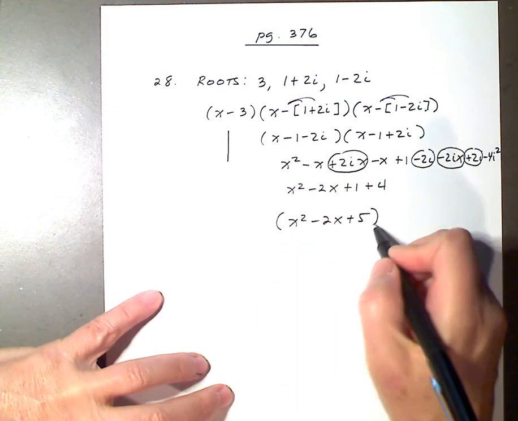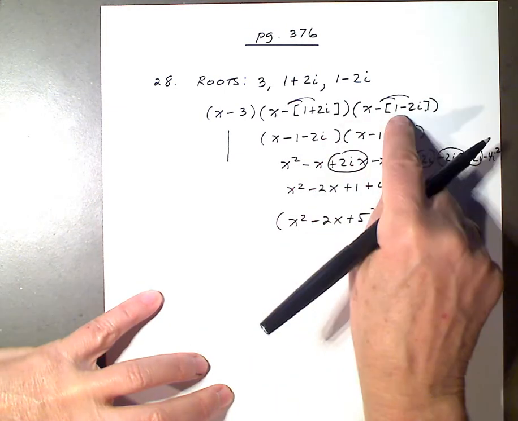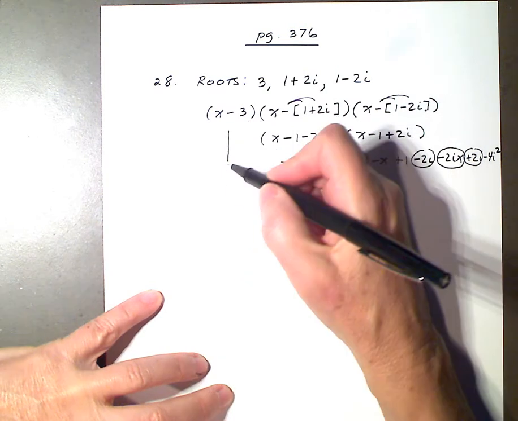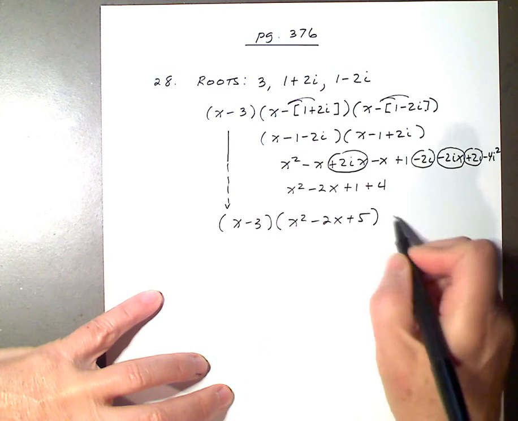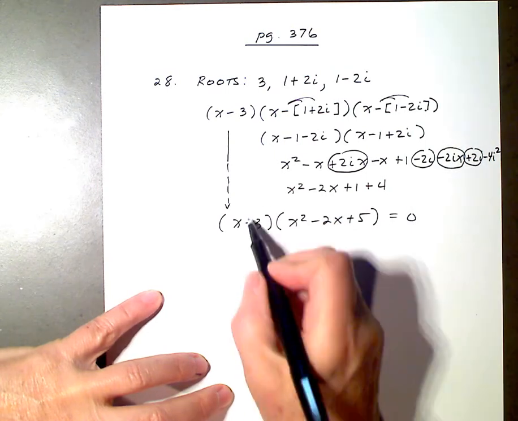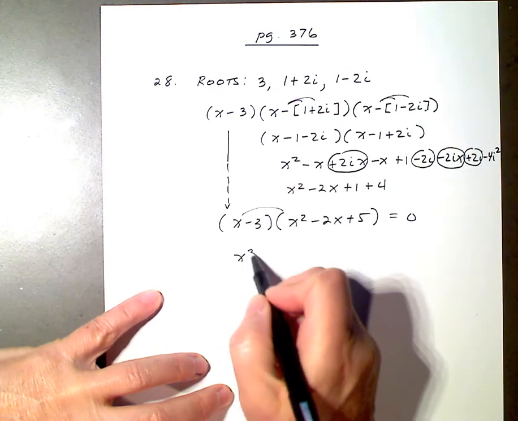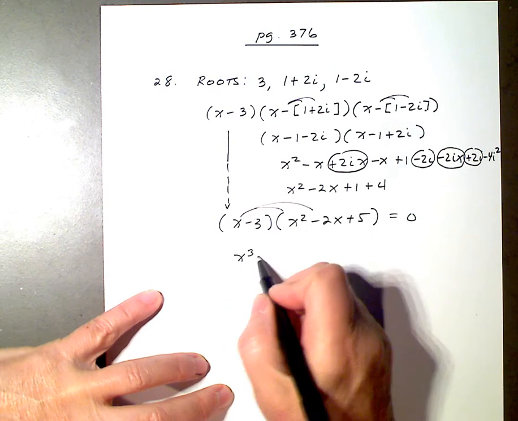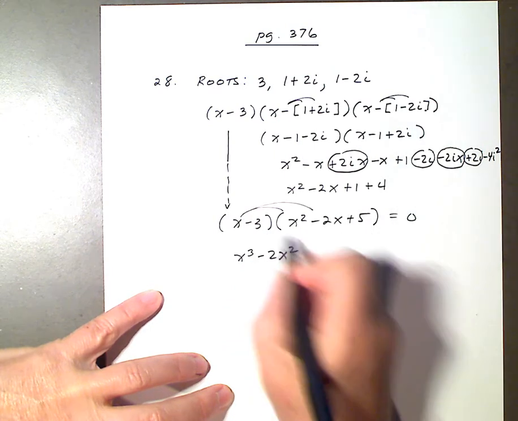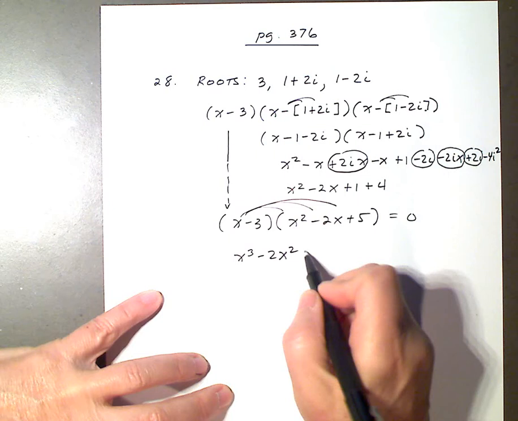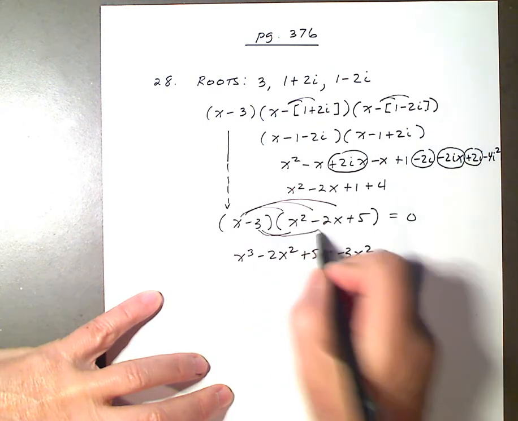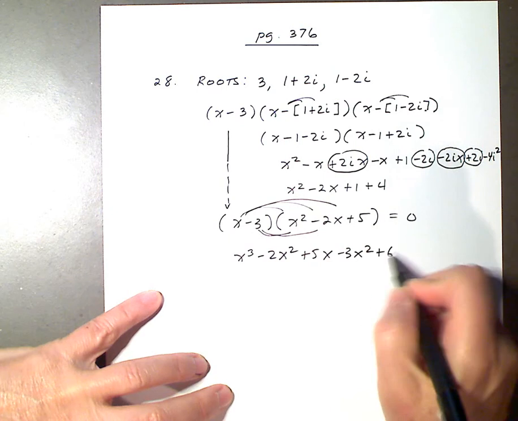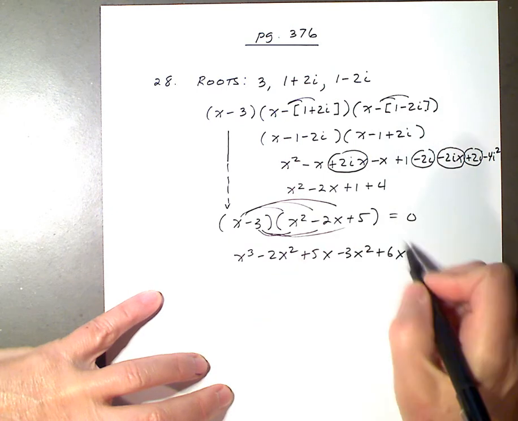So that's just the product of these two factors, and now I still have to remember that that has to be multiplied by x minus 3 equals 0. So now one at a time, x to the third minus 2x squared plus 5x minus 3x squared plus 6x minus 15 equals 0.